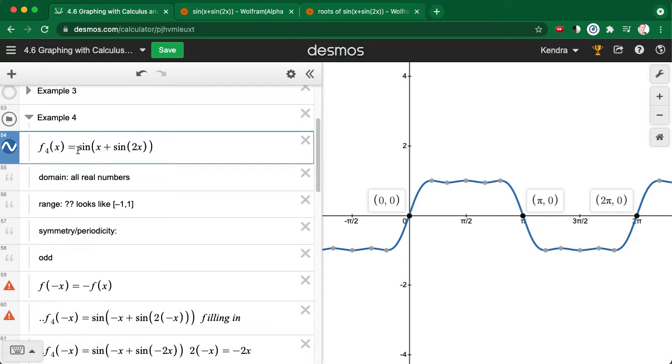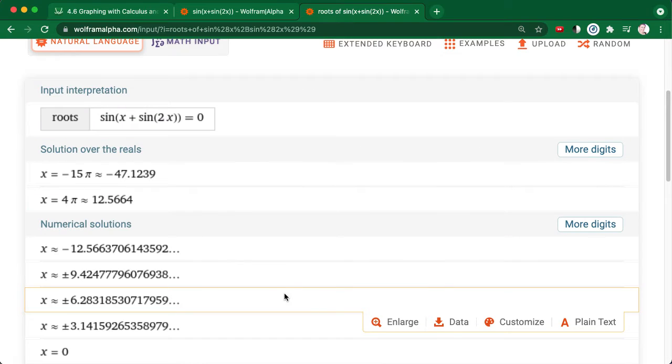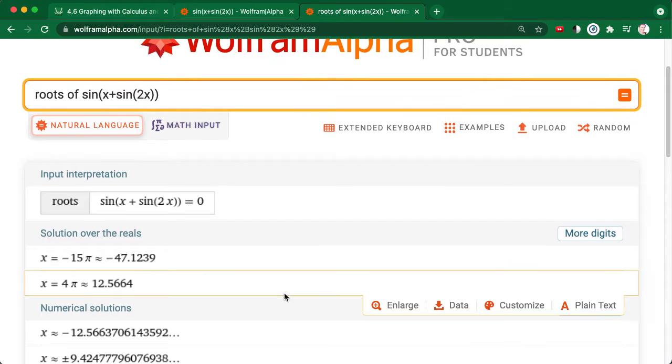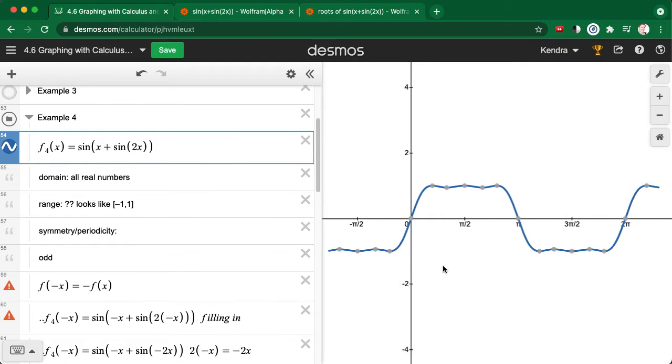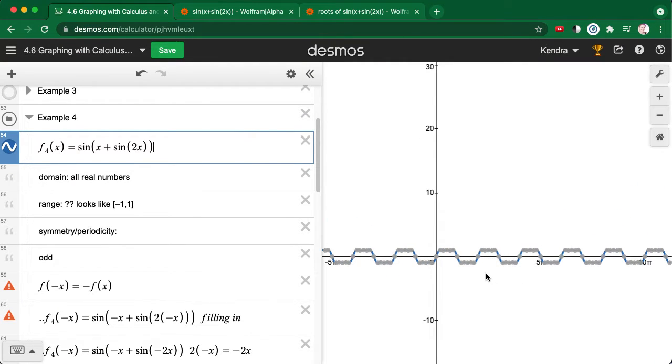Actually, I've already done it in Wolfram Alpha. So this is actually interesting. If I ask Wolfram Alpha for roots of this function, keep in mind, this function has infinite roots, right?